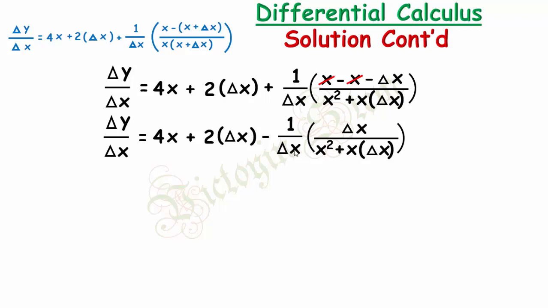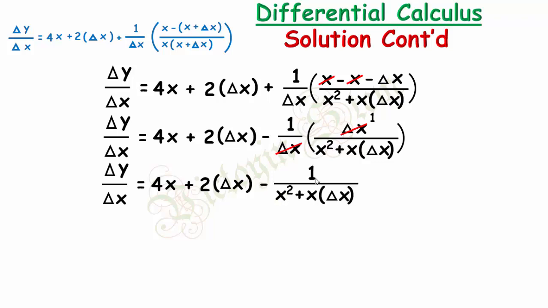So delta x divided by delta x is 1. So 1 times 1 is 1. So I've succeeded in making the entire numerator here to be 1, and the denominator here is x squared plus x delta x. So I have delta y divided by delta x equals 4x plus 2 delta x minus 1 divided by x squared plus x delta x. So this is the simplest form.